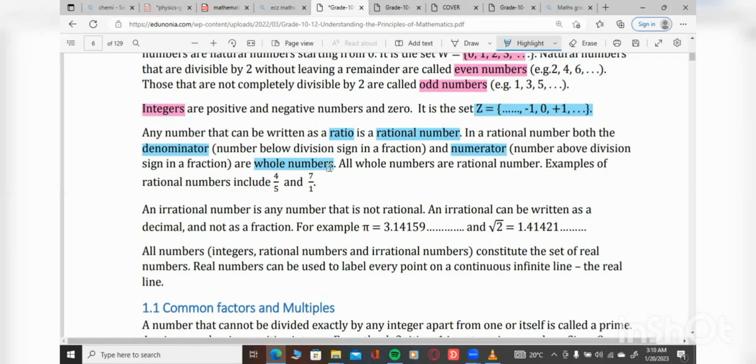When you're dealing with fractions, the number on top is called the numerator, and the number at the bottom is called the denominator, and all whole numbers are rational numbers. Examples of rational numbers are 4/5, 7/1. We can have all these examples of fractions, which happen to be rational numbers.